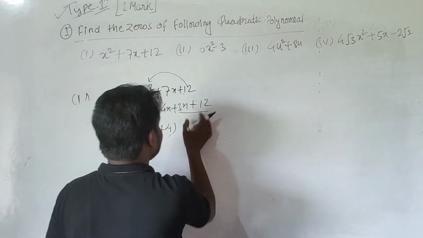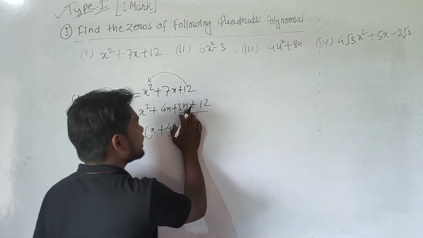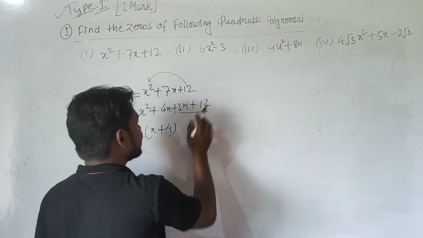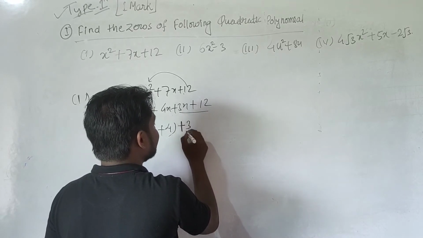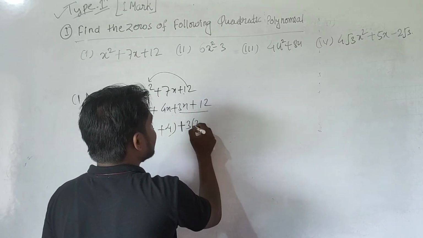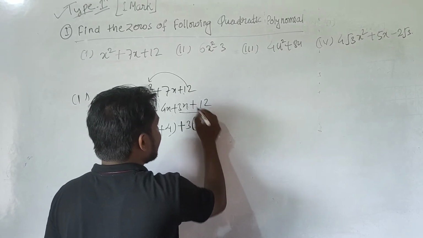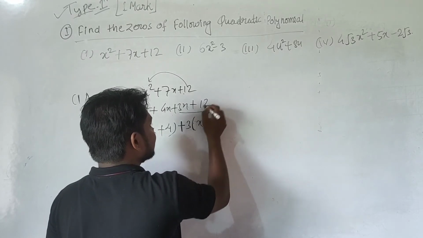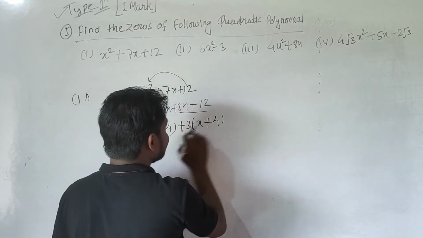Here you can see in both the terms 3 is the common divisor, so we can take 3 common. It will become plus 3 into x, and because we have taken 3 as common, 3 fours are 12, so plus 4 is left.